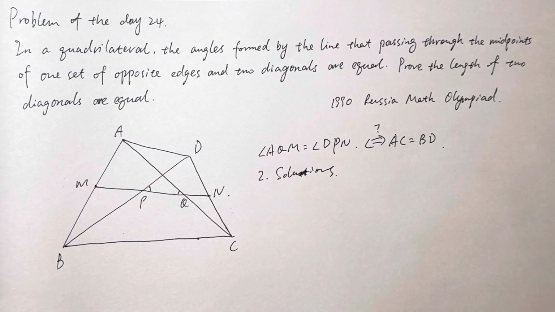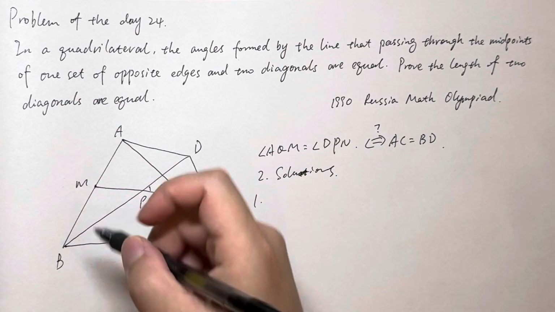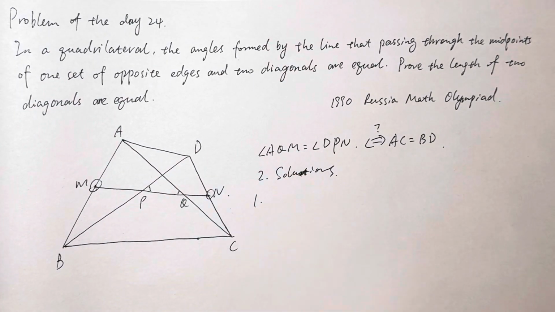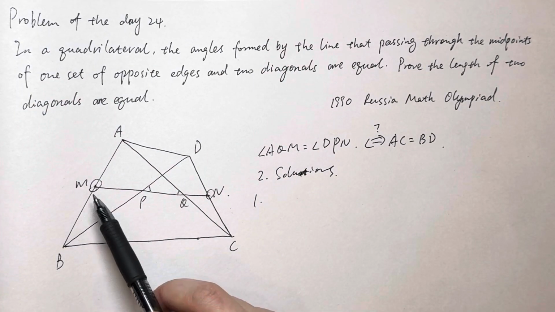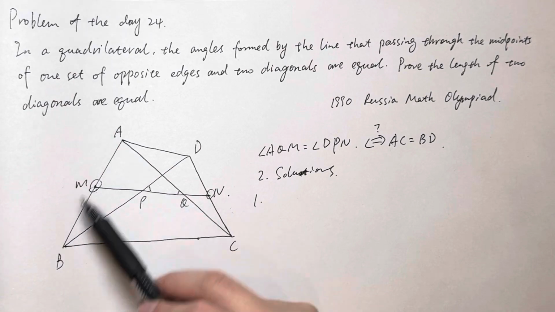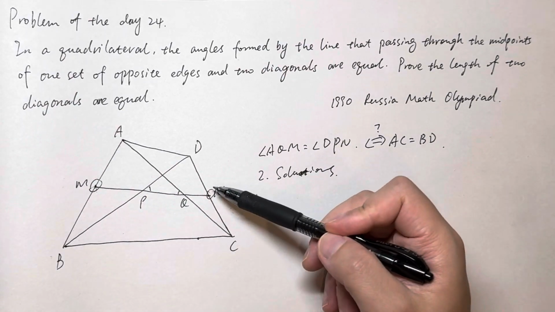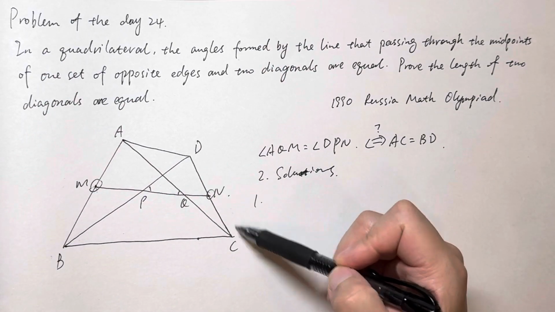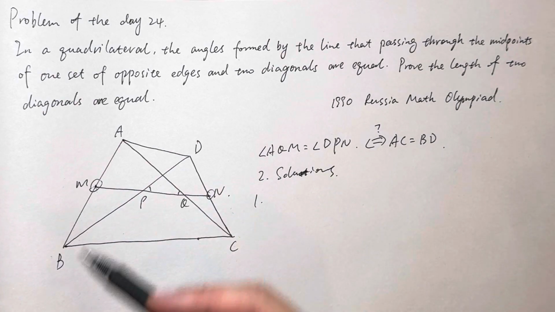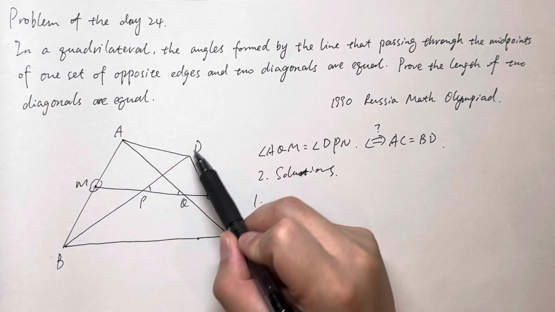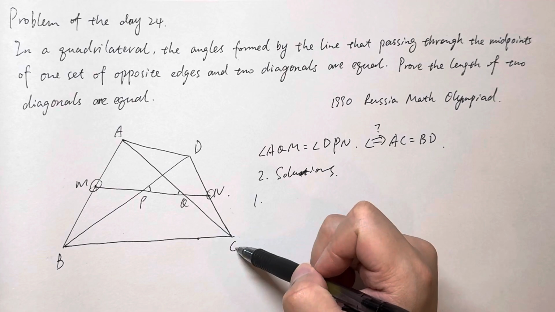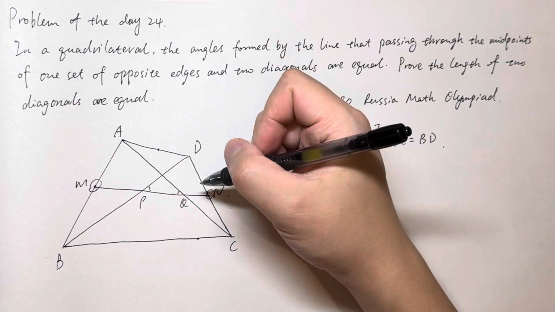The first one would be, let's think about the midpoint. Right, we have a midpoint here, that's for the segment AB, and we have a midpoint here, that's for the segment DC. And the easy thing is that if we want to prove that BD equals AC, we just need to find the midpoint here.